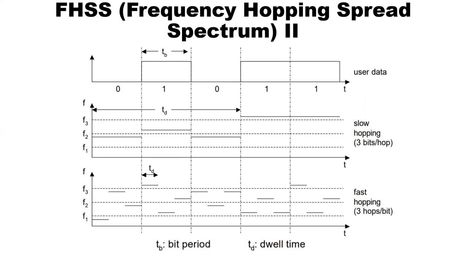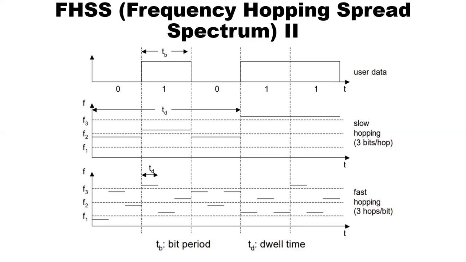Here in the example, I have taken the data 01011. Again, TB is the time taken for 1 bit period. The second diagram is slow hopping and the third one is fast hopping. As I told you, in slow hopping, several bits are transmitted using one frequency. So the first three bits 0, 1 and 0 are transmitted using the frequency F2.